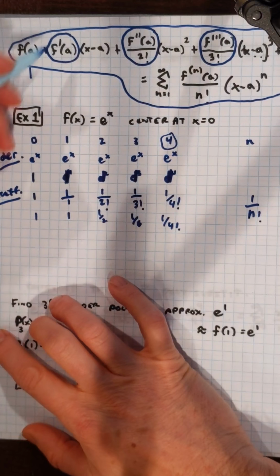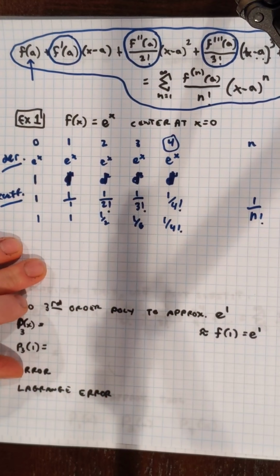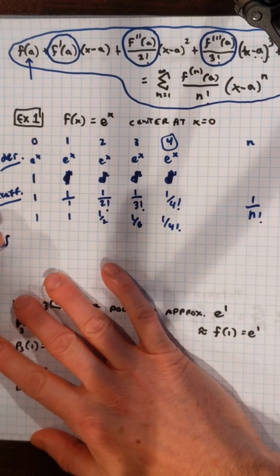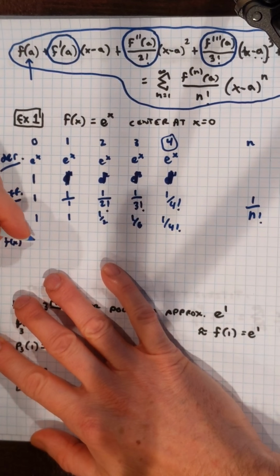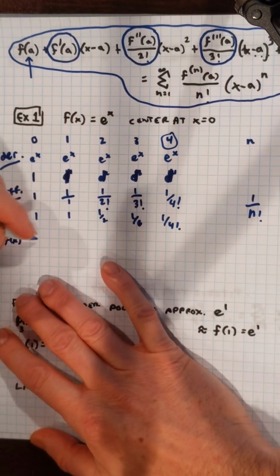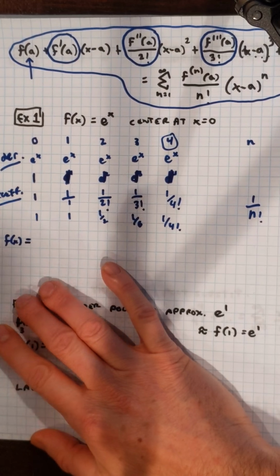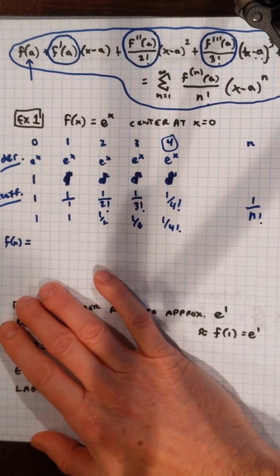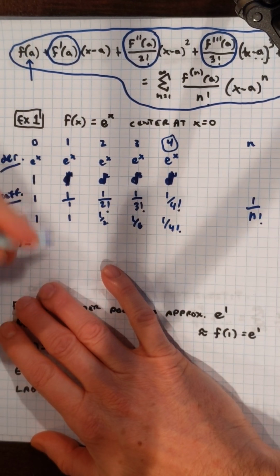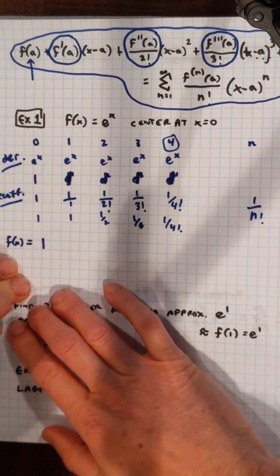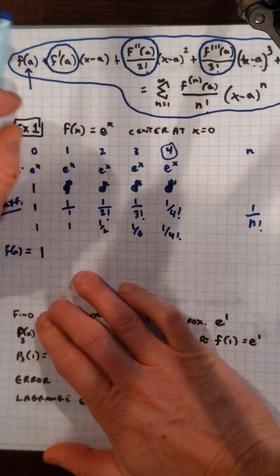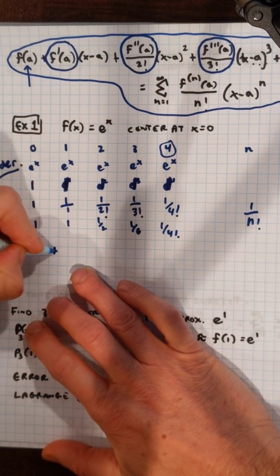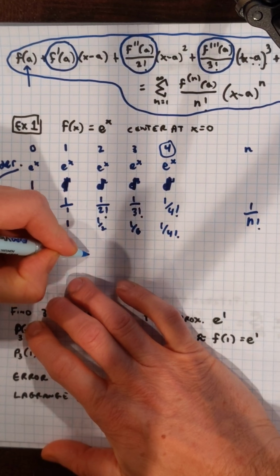Now, the final step is to go ahead and write the Taylor series polynomial. So the function f of x is equal to, if I write the whole series out, f of a, which is 1. Then the derivative at a, which is 1. The coefficient's 1. So plus 1 times x minus my center, which is 0.